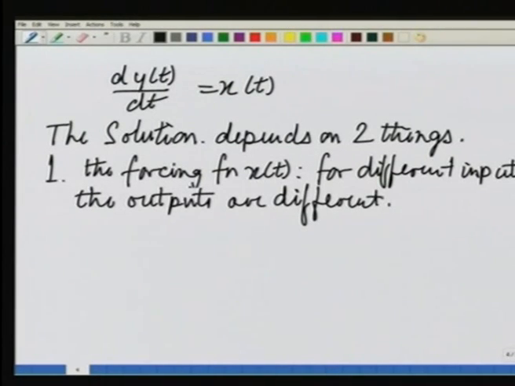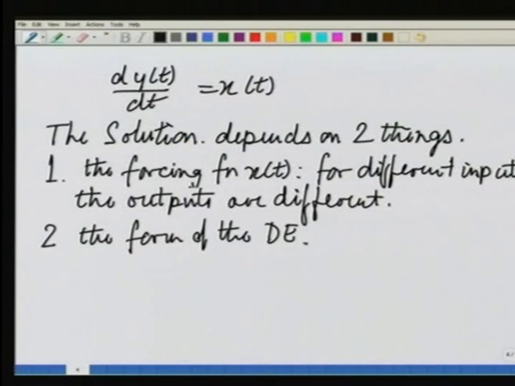Only natural, one would think. But there is another thing on which the output depends: the form of the differential equation, that is, how many terms, how many derivatives of x(t).